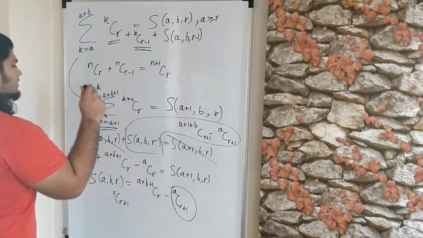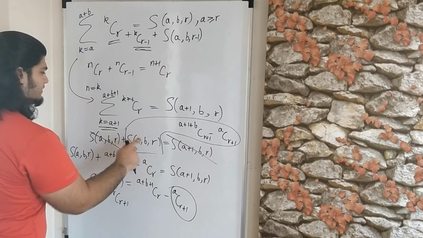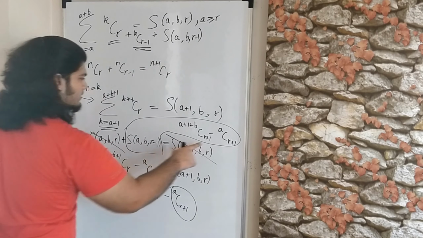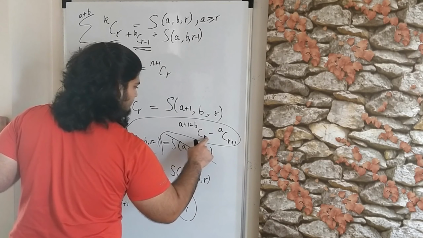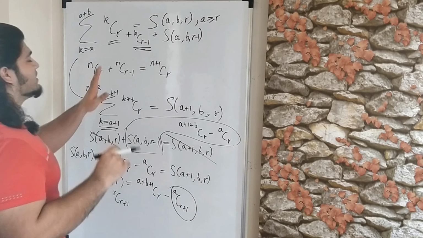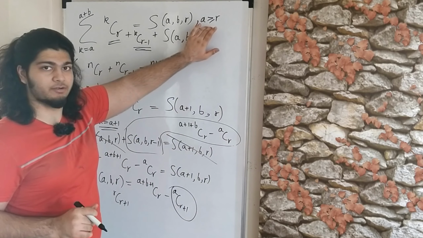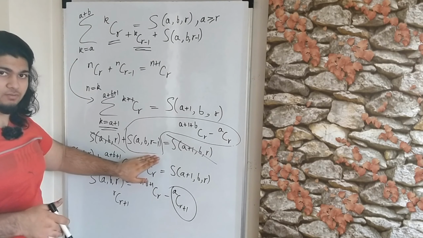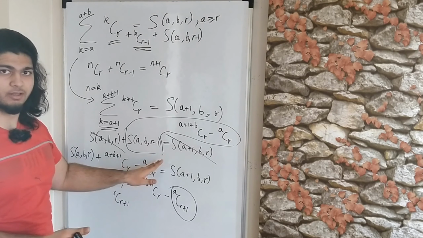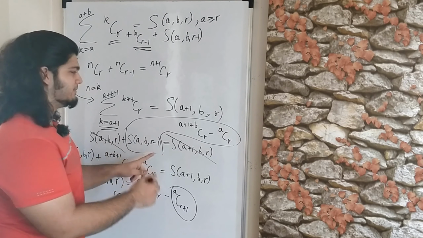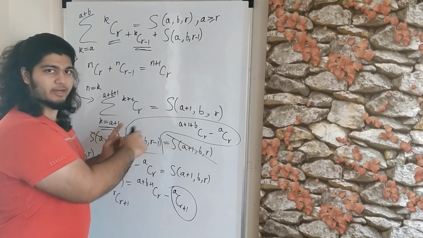But now, what was the final formula that we got? It was r minus 1 over here and r over here. So on the basis of the assumption that a is greater than or equal to r, we ended up with a formula for r minus 1, the S of r minus 1. And then we did the manipulation of replacing r minus 1 by r.